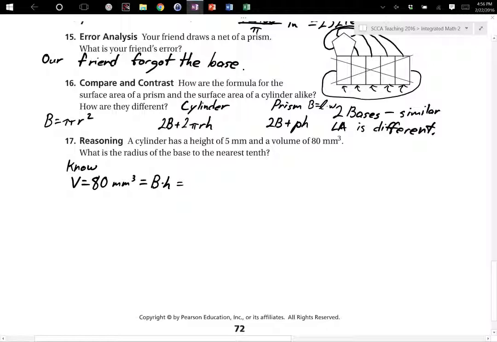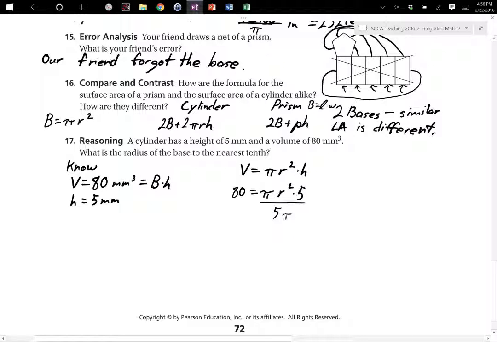And then I know my height, and that is 5 millimeters. So what is the formula for the volume? It's the base area, and the base area is pi r squared times the height. So plugging in some numbers, my volume is 80, pi r squared times the height of 5 millimeters.